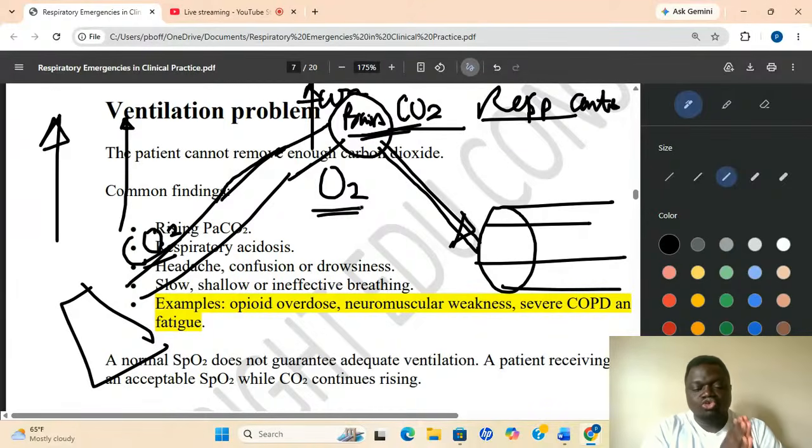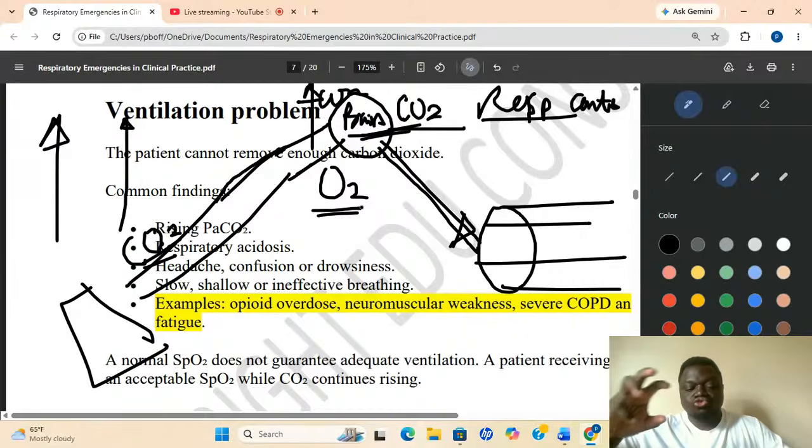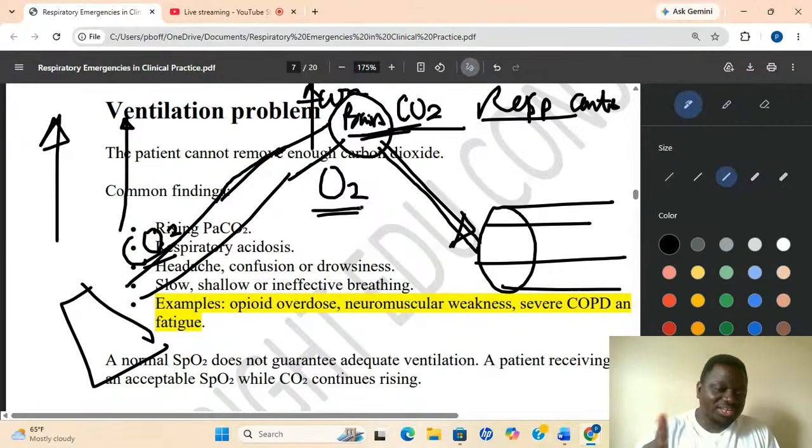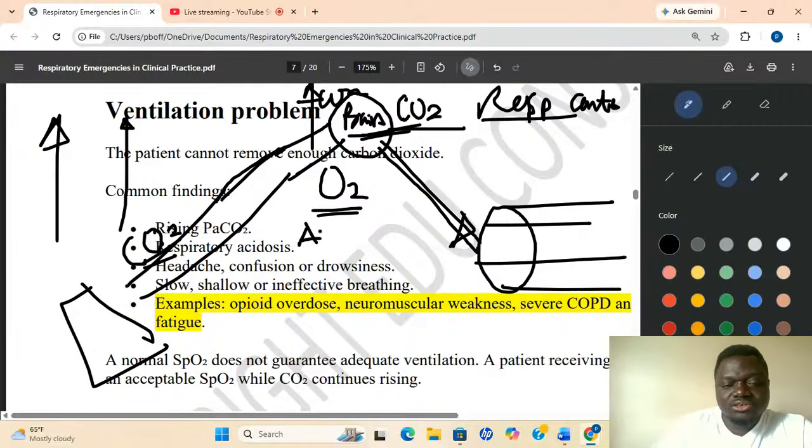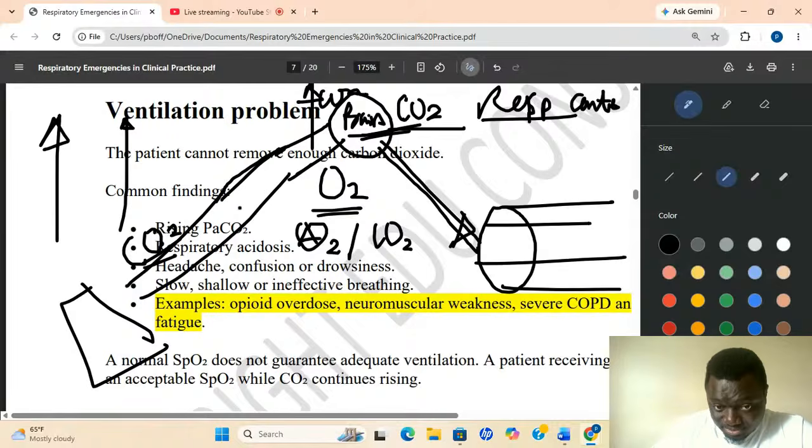Okay, so let me now take the lower side. In other words, the brain receives oxygen, O2, and CO2 from the bloodstream.